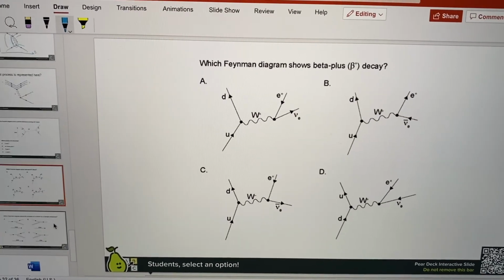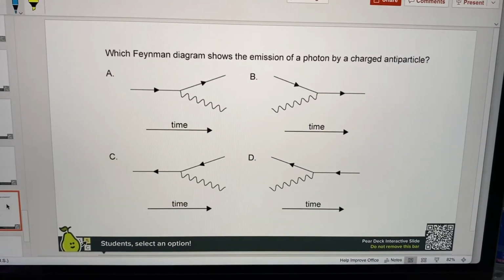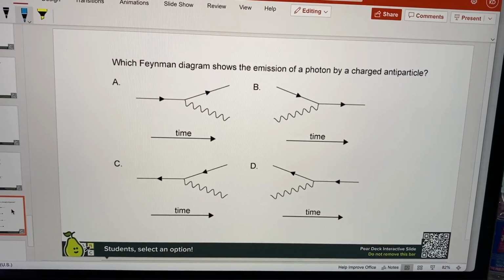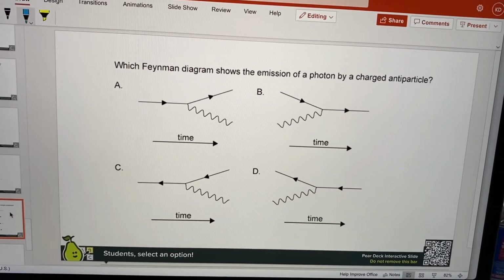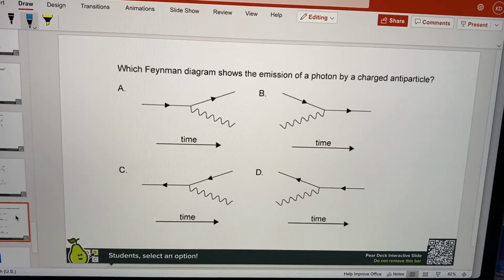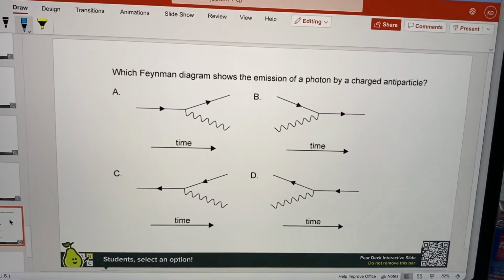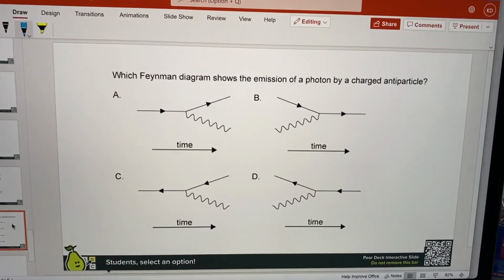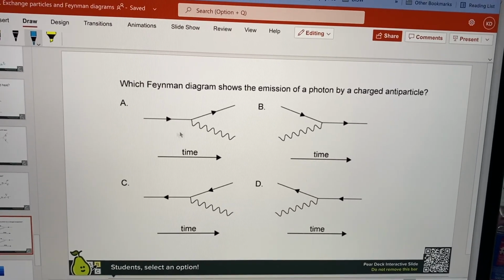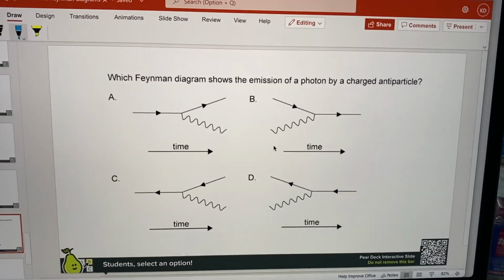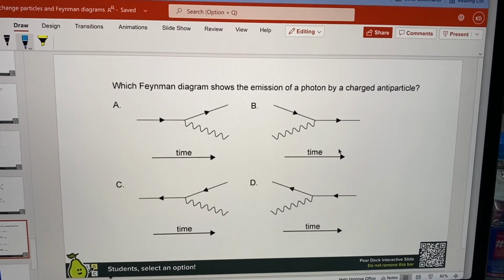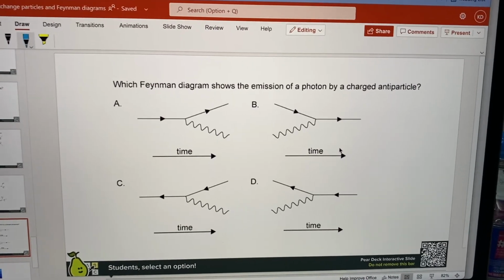And then last but not least, which Feynman diagram shows the emission of a photon by a charged antiparticle? We can automatically eliminate A and B, because the particles we have in A and B, the arrows point in the same direction as the time, and so that means that we have a particle, not an antiparticle.